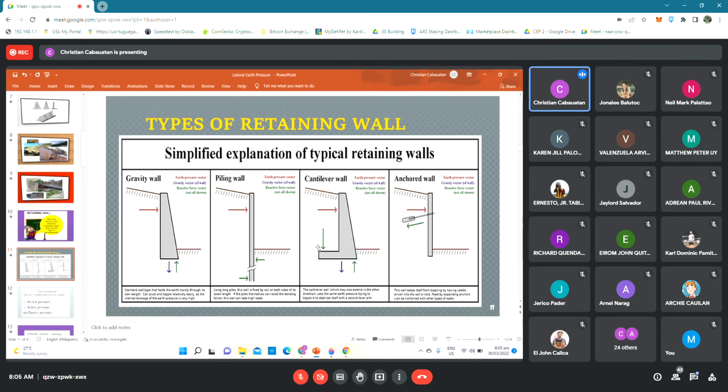So si cantilever wall which may also extend in either direction, unless the same earth pressure trying to topple, to stabilize itself with a second lever arm. Okay? So, yun kanina yung nakita natin kanina sa video, it is the cantilever wall. Okay? And it's an example of your cantilever wall.